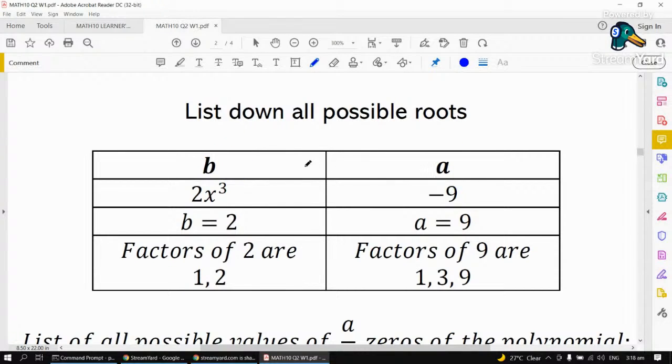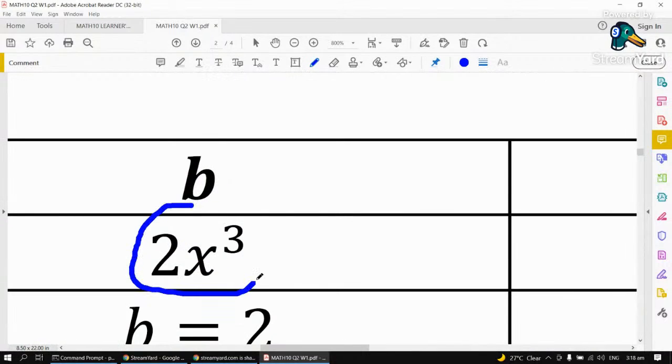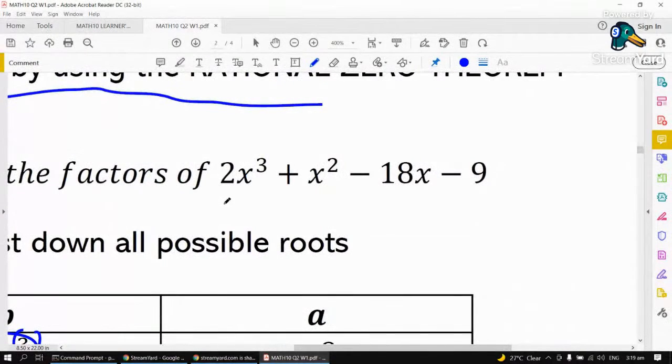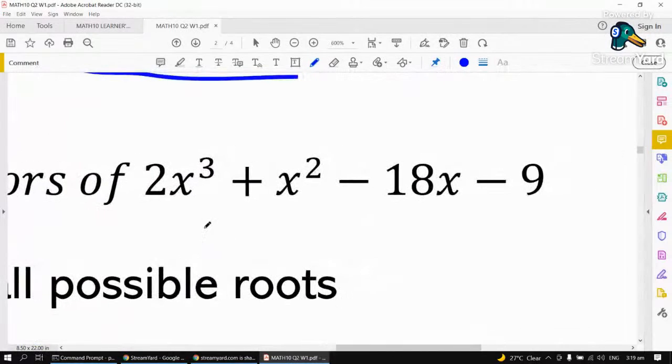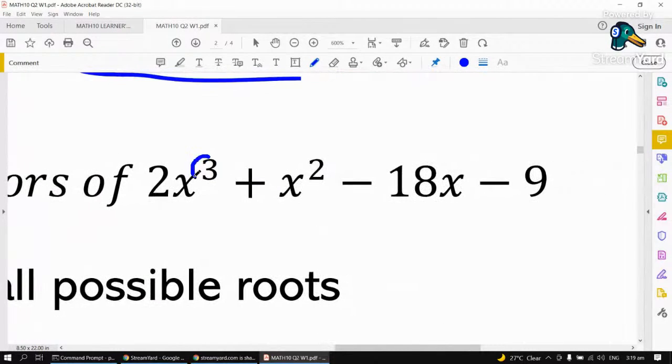B and A, so B is for the leading coefficient, ibig sabihin, yung leading term, yung term na may pinakamataas na exponent. So, titignan natin, ang pinakamataas na exponent is 3. 3 ang pinakamataas na exponent dito sa equation na to.